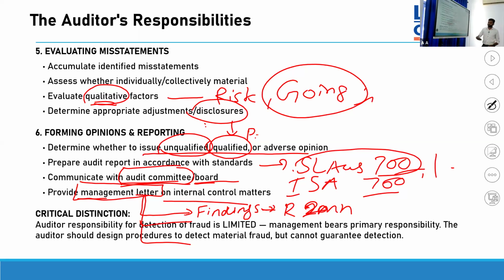And next, we must include recommendations. Let's assume if it is relevant for any control related thing, then we can recommend an effective control procedure under the recommendation.